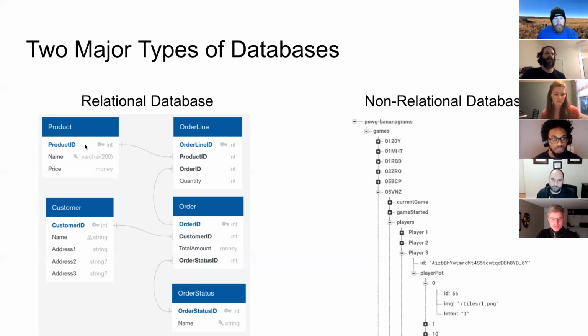So a product can have many order lines, and an order line can only have one product. A customer can have many orders, and an order can only belong to one customer. Again, you don't need to worry about those details right now, but just to show you that the basic things we care about when we talk about database design are: the basic unit is going to be a table. Tables have columns, and then tables also have relationships to other tables.